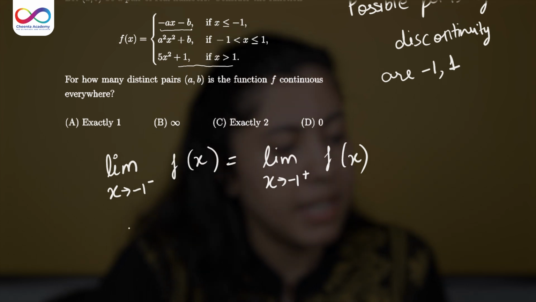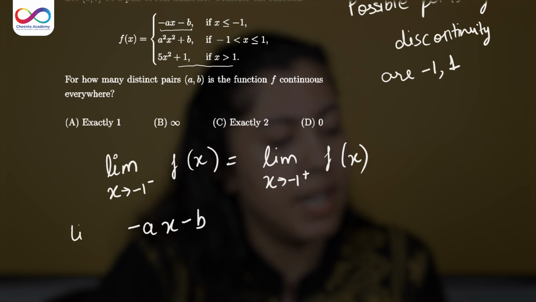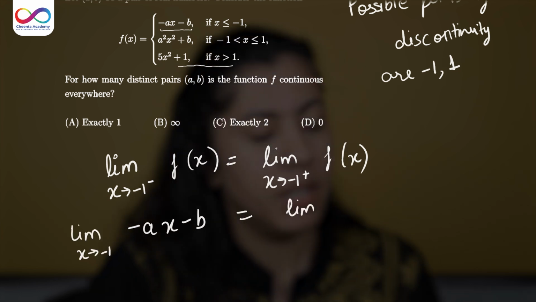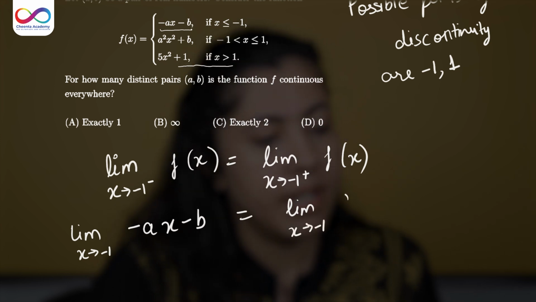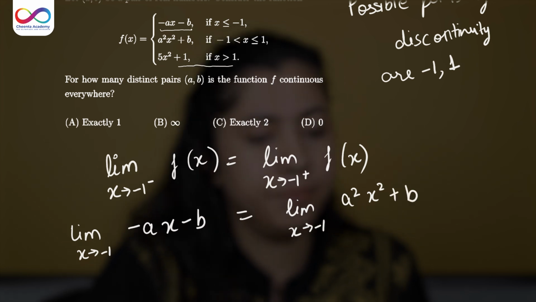So minus ax minus b as x approaches minus 1 should be equal to the limit as x approaches minus 1 of a square x square plus b.